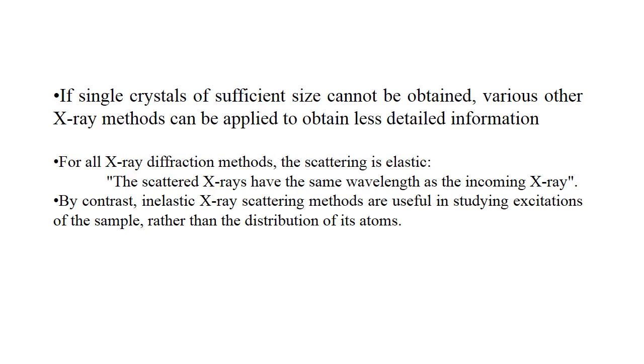It means that inelastic X-ray scattering methods are useful for studying the excitation of the sample, because we are going to discuss the atomic structure. In this technique, we are not here to get the distribution of its atoms.